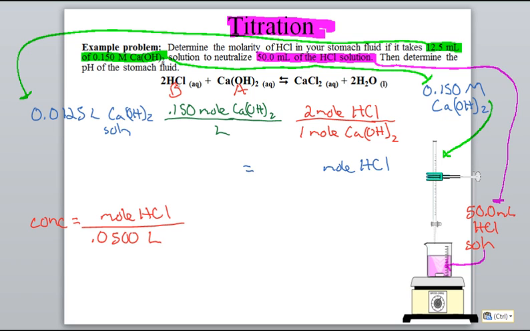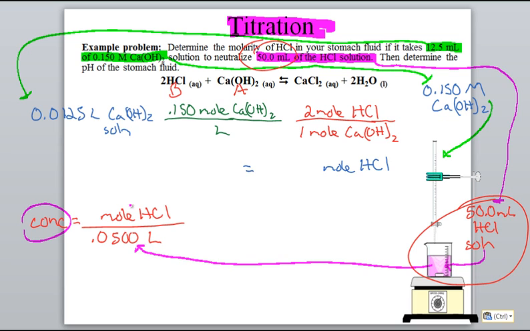So that's our B. Somehow we were able to get some stomach fluid and we were able to get 50 milliliters. We're putting 50 milliliters into our container. The question is, how many moles of HCl are in that 50 milliliters? So we already know the bottom part of our concentration. We know that we have 0.05 liters. In the titration experiment, it took 12.5 milliliters to reach the end point.